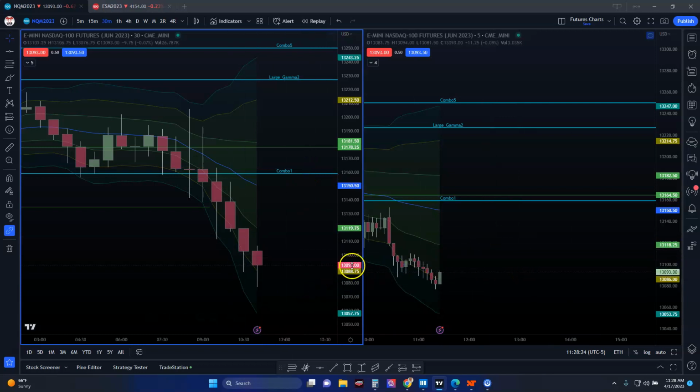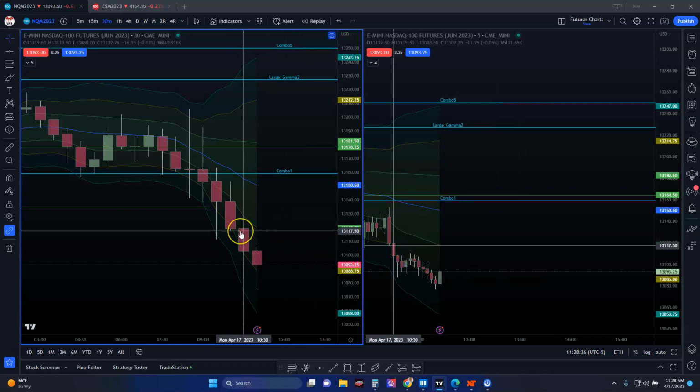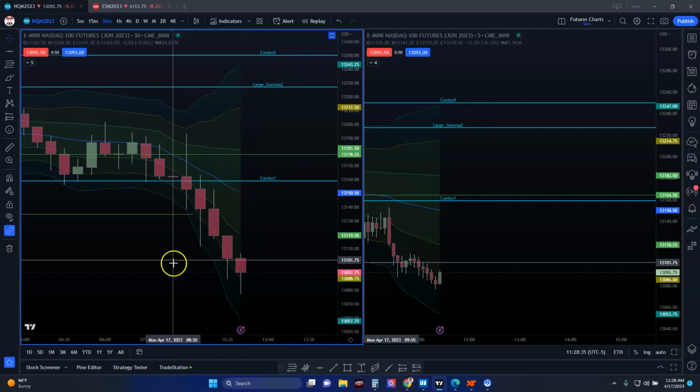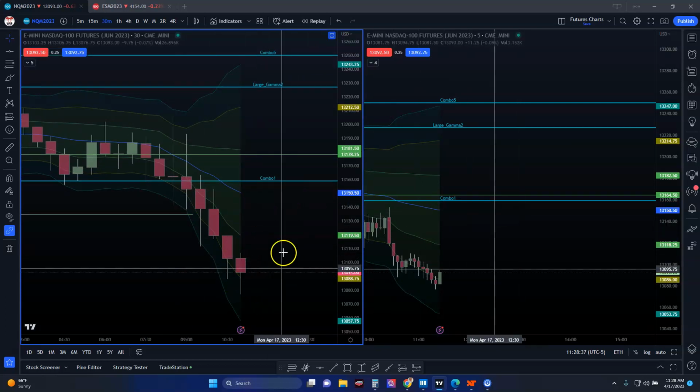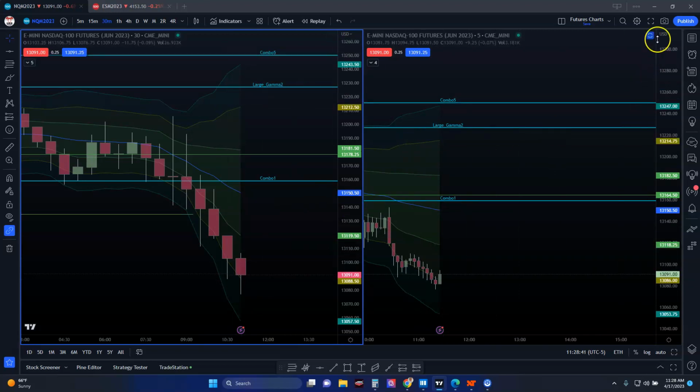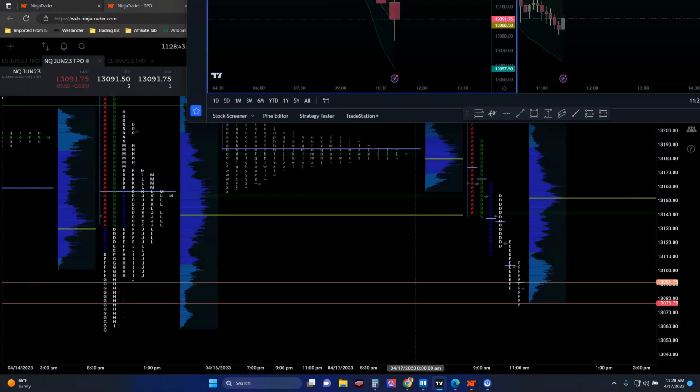Stress-free trade. What I want to look for is a close above the prior auction bar, the 30-minute bar. This, guys, will help you stay out of trades, help you stay in a trade, and just wait for a trade, become a better waiter. And then you can use your entry strategy, whatever you use.